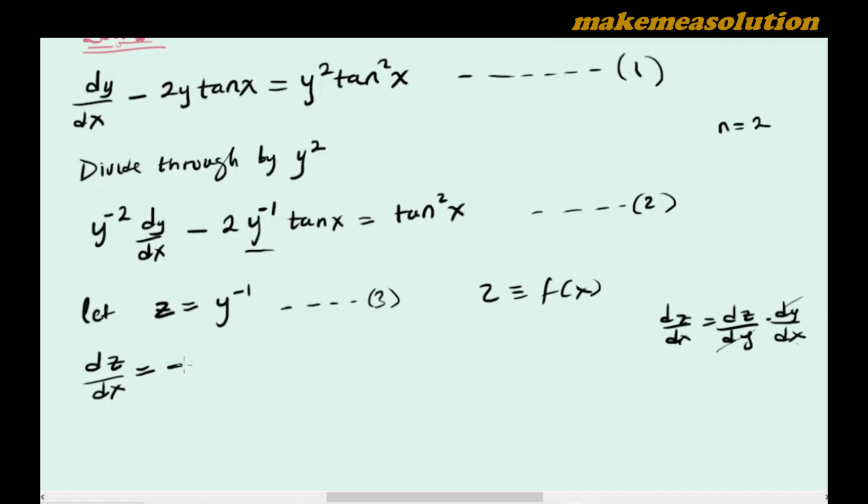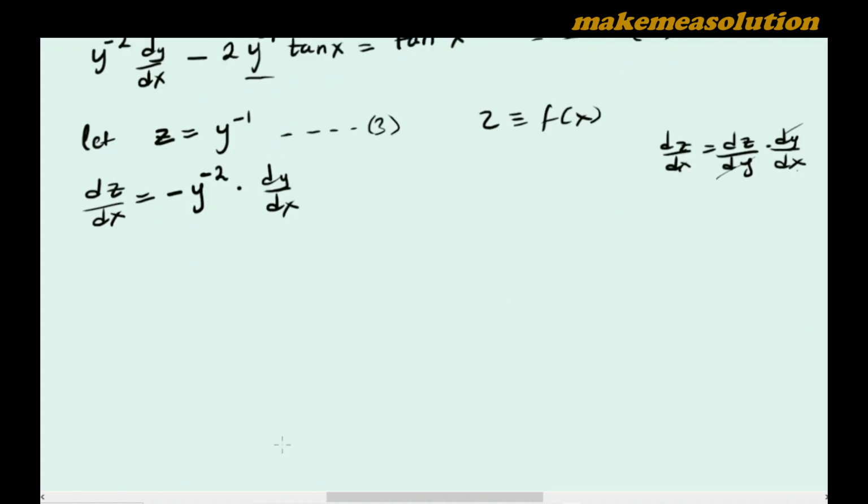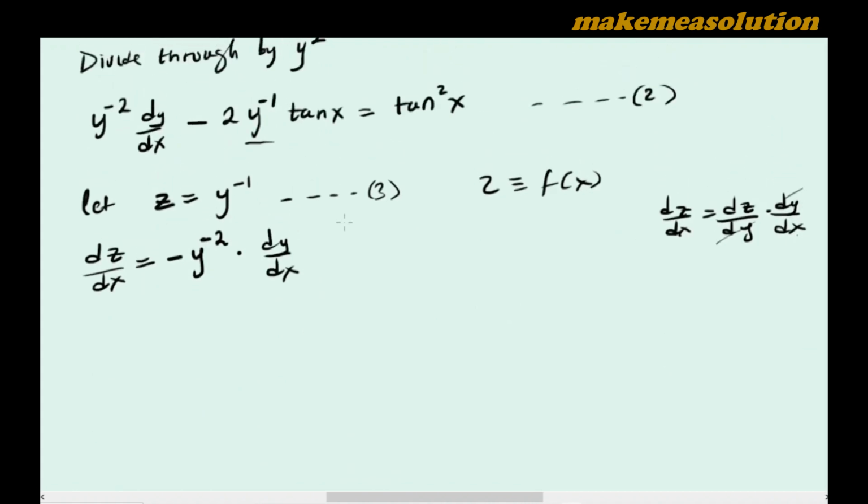So that will give me minus y raised to the power of minus 2. Then after differentiating dz/dy, you're going to attach this multiplier dy/dx. The reason you're doing it is because z is a function of y and y is a function of x. So this is how you obtain your dz/dx.